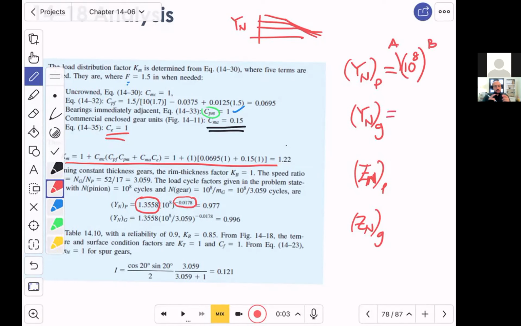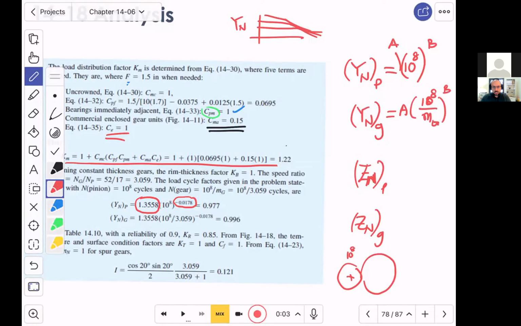Now, for the gear, if the pinion rotates 10 to the power 8 or makes 10 to the power 8 cycles, the gear, since it is bigger, will make smaller cycles. So the life, if I put the constant A, is supposed to be 10 to the power 8 divided by mg, and then I raise to the power b.